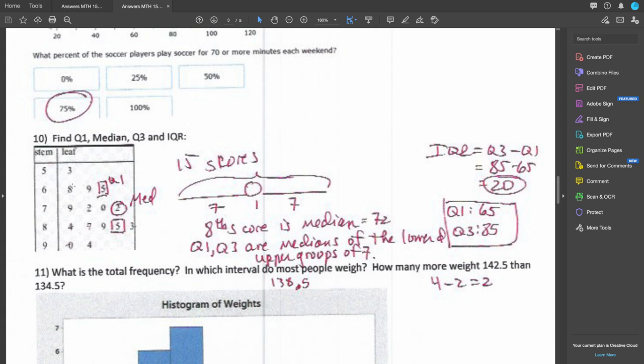Remember before I said it's so important to make sure your stem and leaf plot is in order? I never checked to see if this was in order. So these are wrong. I apologize. That's number 10. I'm going to have to note that on another part of Moodle. And that's exactly why you need to put these scores in order.